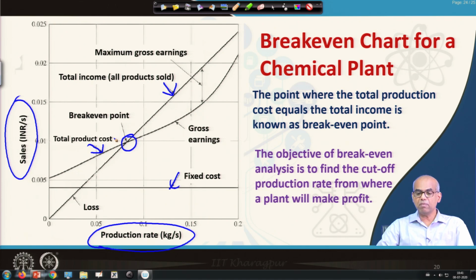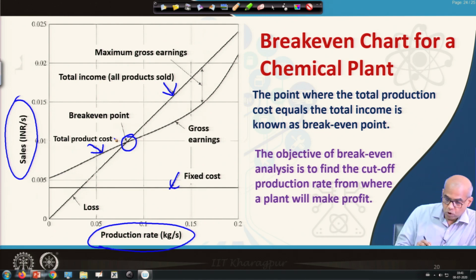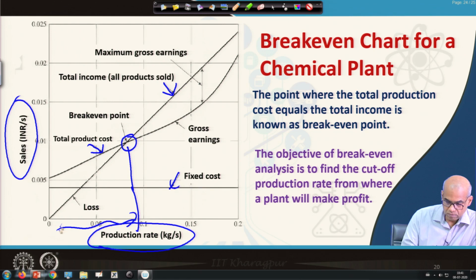The objective of break-even analysis is to find the cut-off production rate from where the plant will start making profit. Now, for production rate below this point, you make loss, because your total income from all products sold is less than the total product cost.